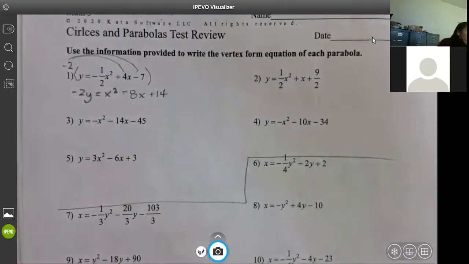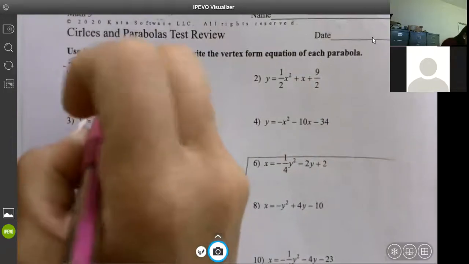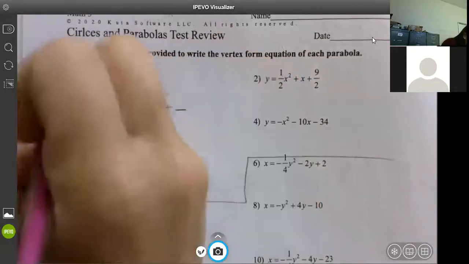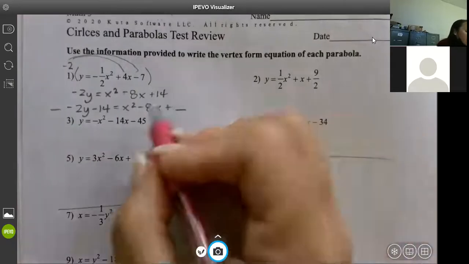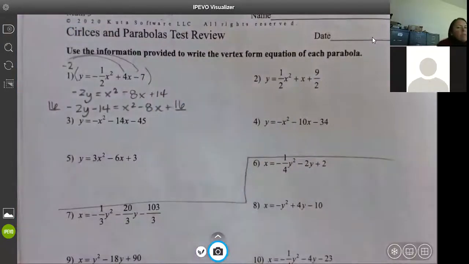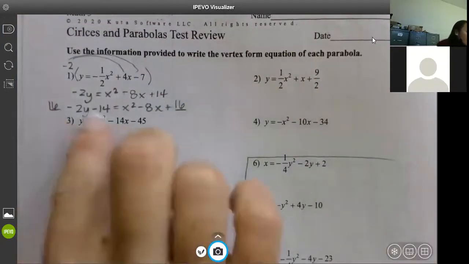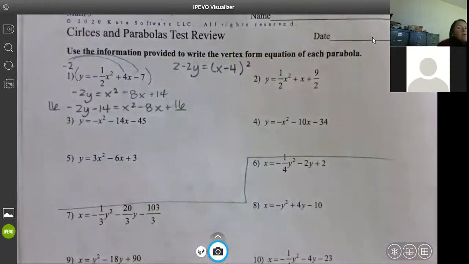You're going to move your 14 to the other side and add in a blank. And then to fill in that blank, 8 divided by 2 is 4, squared is 16. Clean it up, 16 minus 14 is 2, minus 2y equals x minus 4 squared.